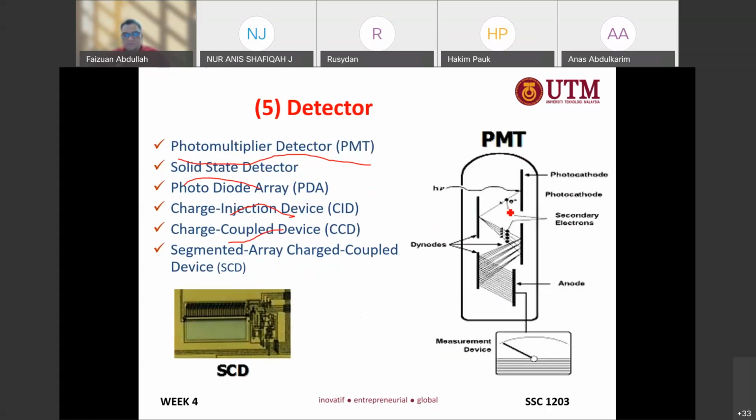So what is the purpose of the photomultiplier? It is to multiply the response in terms of what? Of the energy. What is the purpose of multiplying? If we have a small response, we need to multiply the response and easily transform it into concentration information by the detector.